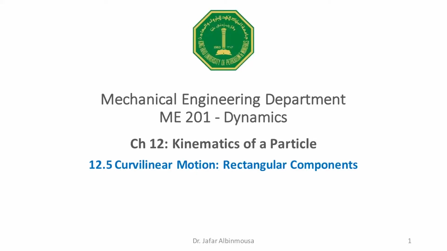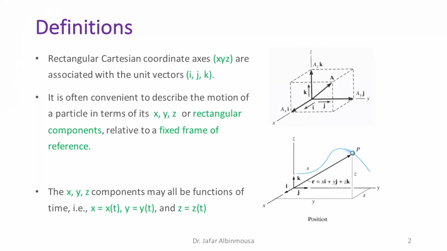Welcome all to this session, which is going to be dedicated to describing curvilinear motion using rectangular components. Now, rectangular Cartesian coordinate axes x, y, and z are usually associated with three unit vectors, i, j, and k.